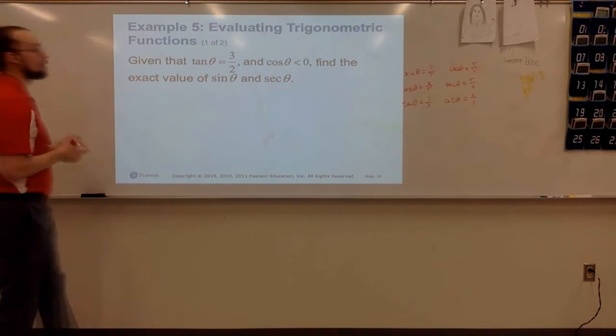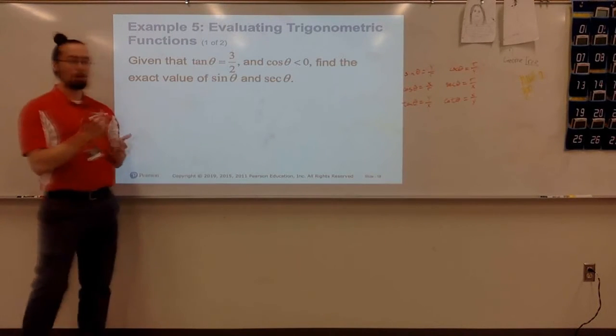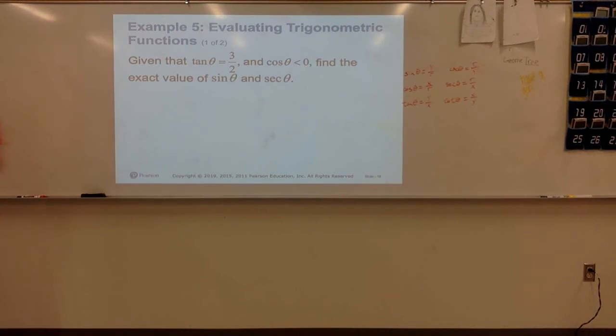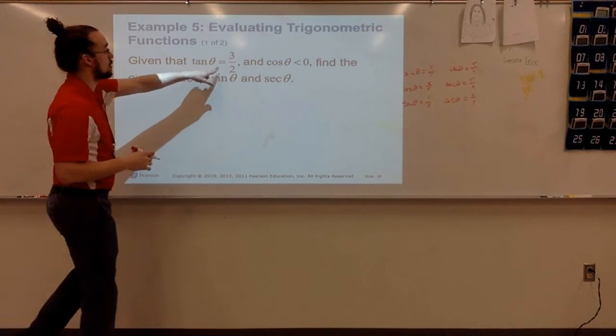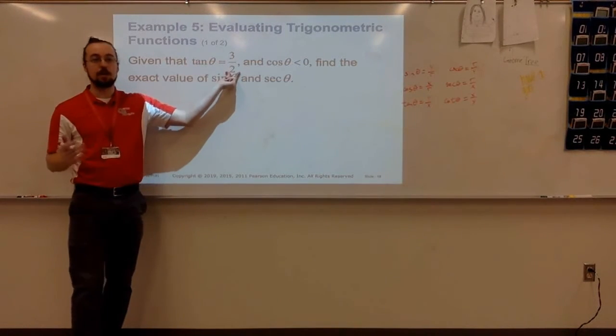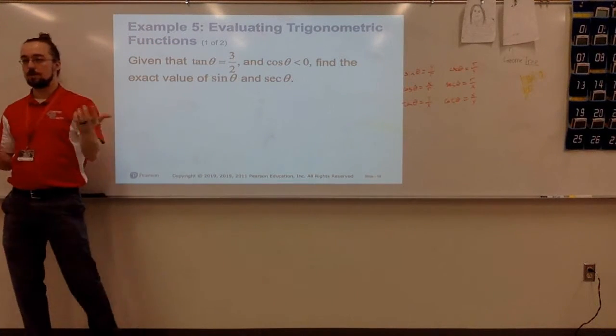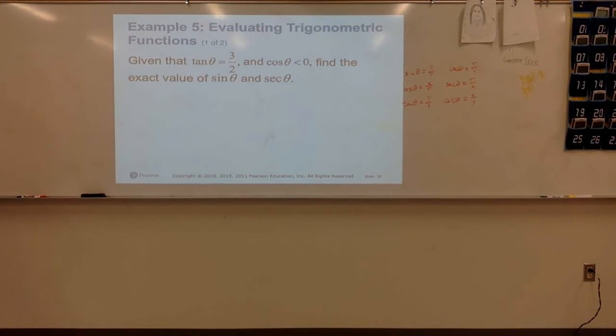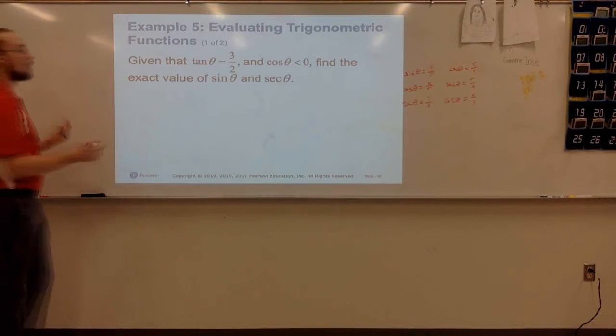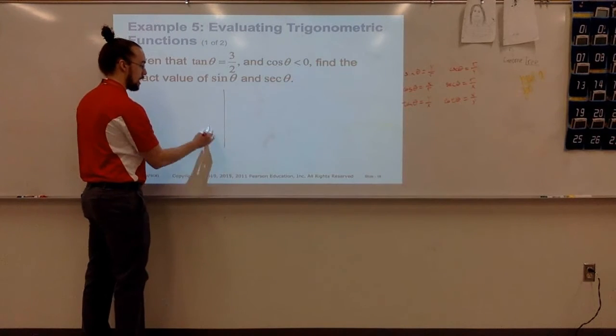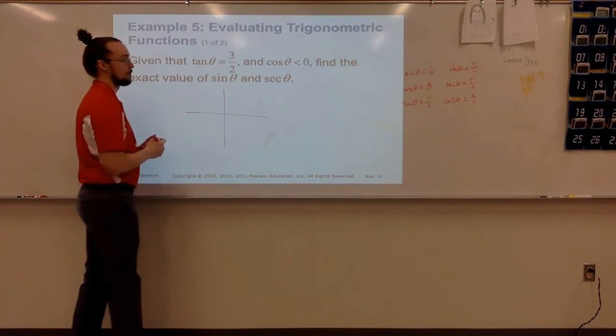So from that information, first, we want to figure out where we are, which quadrant. Okay, so we know that tangent is positive. We're given a positive value for tangent. Cosine's negative. So if tangent's positive, cosine's negative, what quadrants are we in? 3. Right? So let's sketch out this situation.